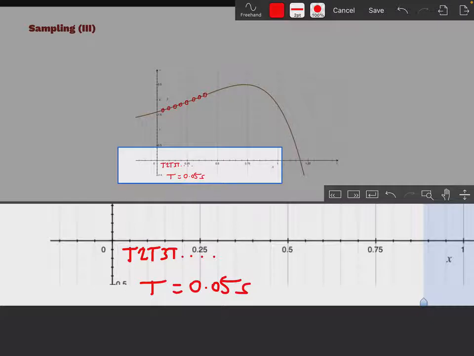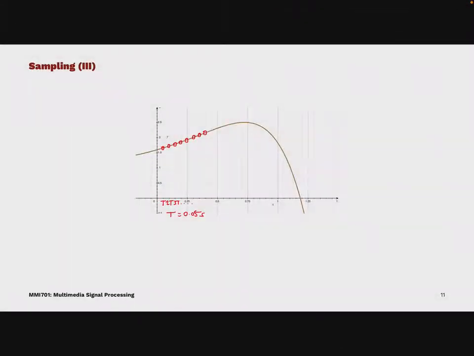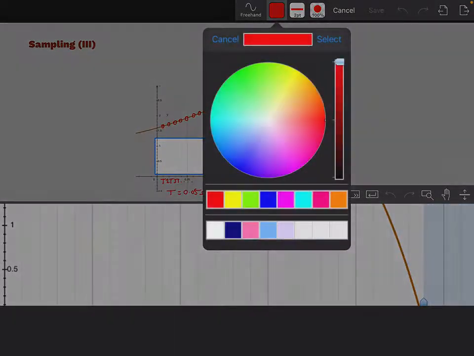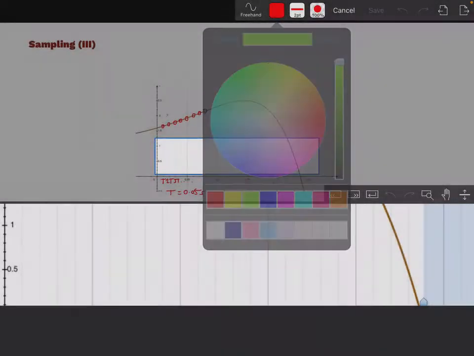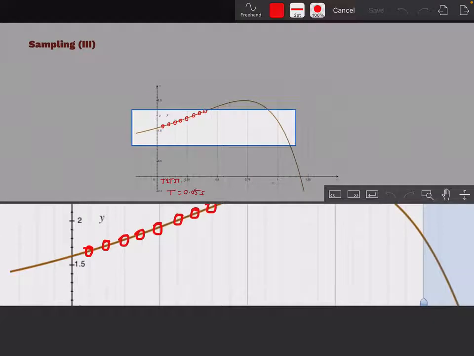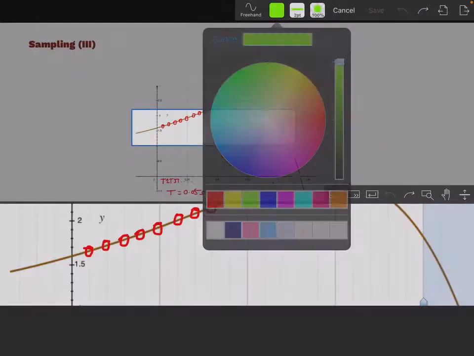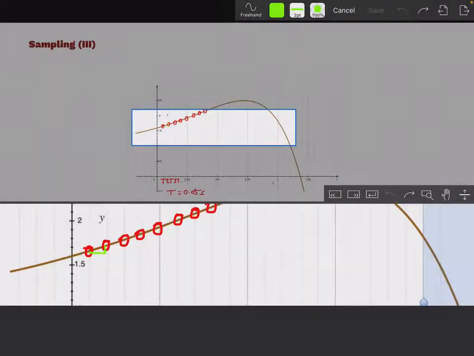But what happens then is, after sampling, we would still have a continuous valued signal before quantization. And if we want to obtain back our signal, that would look like something like this.